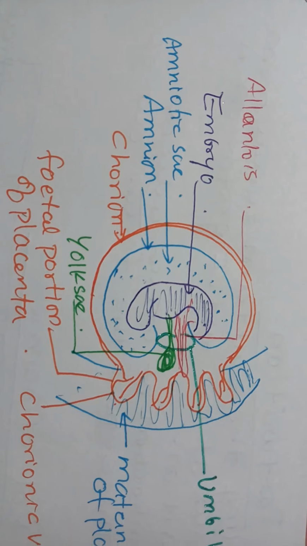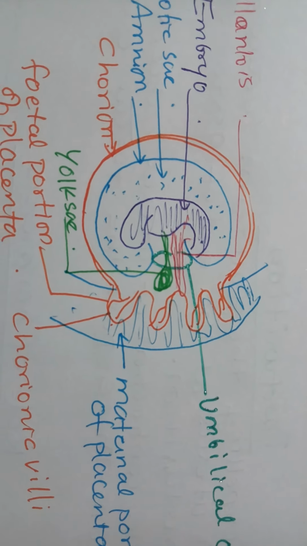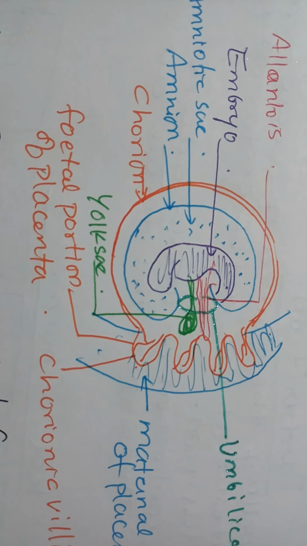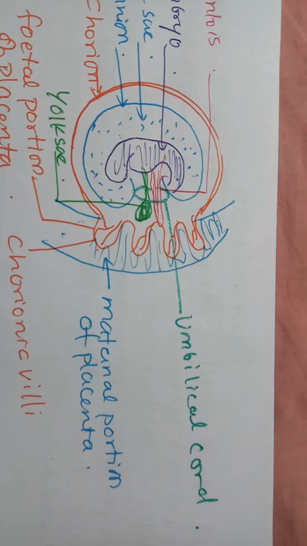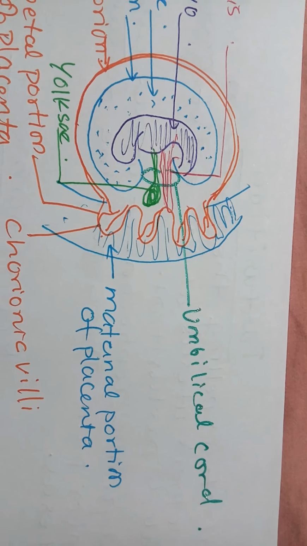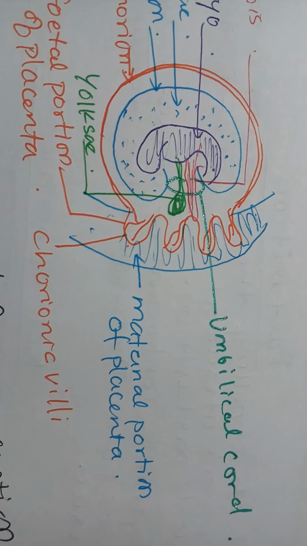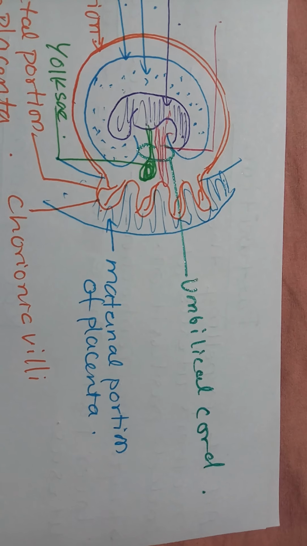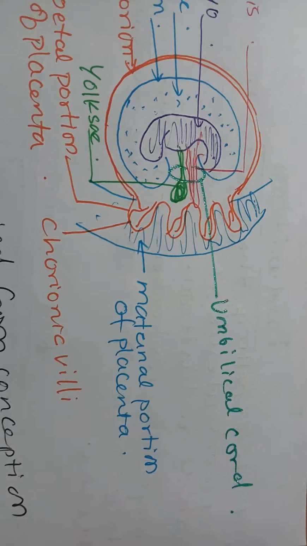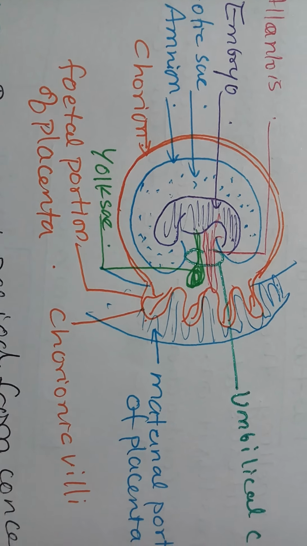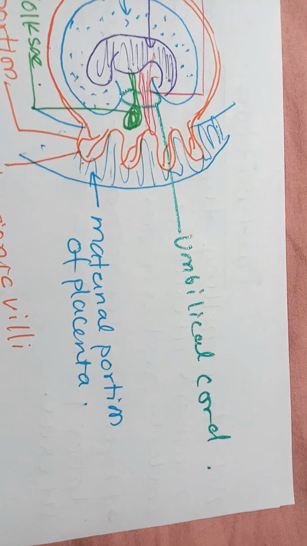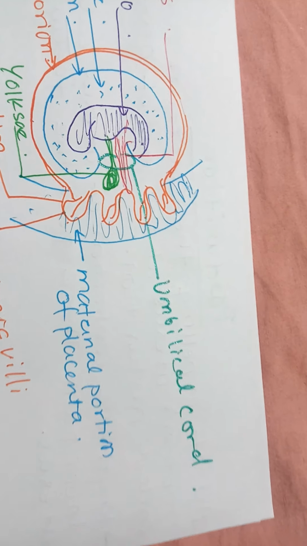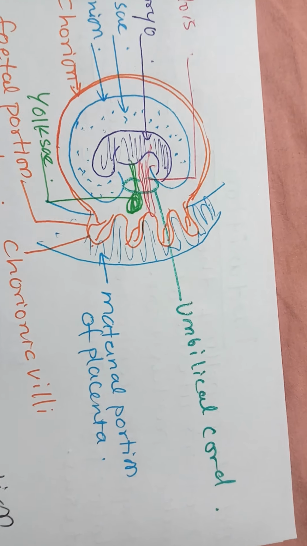Then you can see the chorion, the allantois, and the yolk sac position, and two of them form the umbilical cord, which is the connection to the placenta. The chorionic villi have blood vessels and are associated with the maternal portion of the placenta. The placenta is half fetal portion and half maternal portion, and they are associated with tissues and blood capillaries for the exchange of a number of things. We'll see what the function of the placenta is.